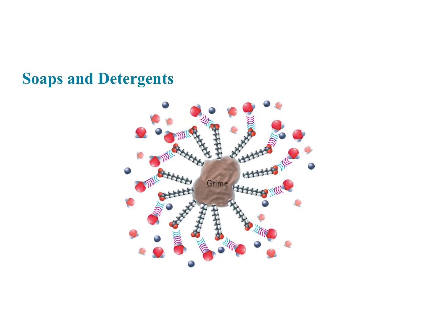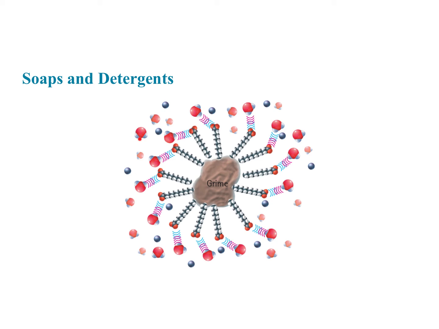So we have here an image of some grime, a clump of grime, and there are these long molecules that are the soap molecules. Now the soap molecules have a nonpolar end that can attract to the grime, and it actually has an ionic bond at the other end which creates a polarization to attract the water molecules.